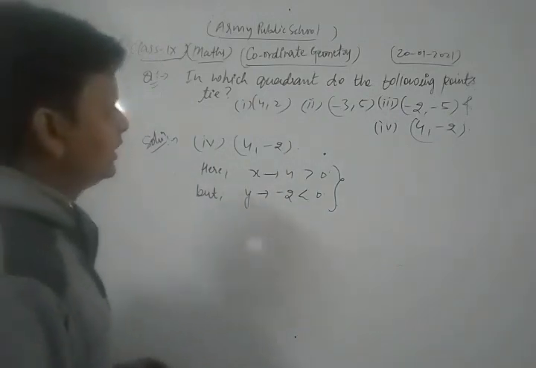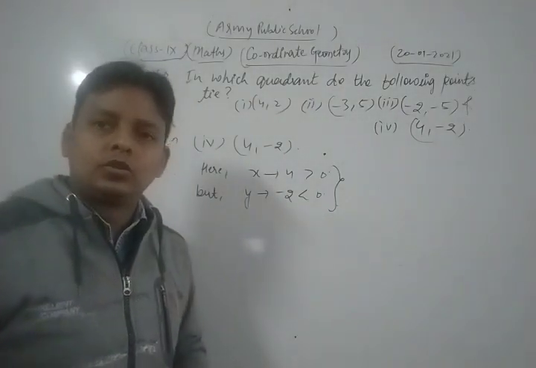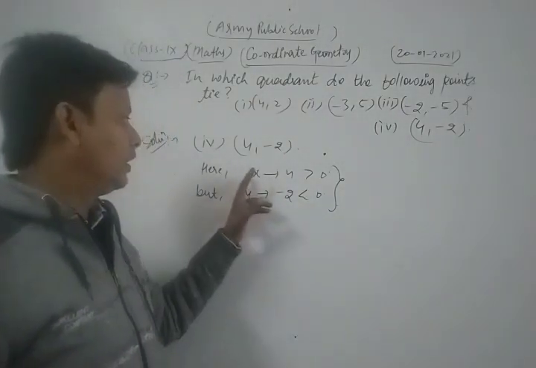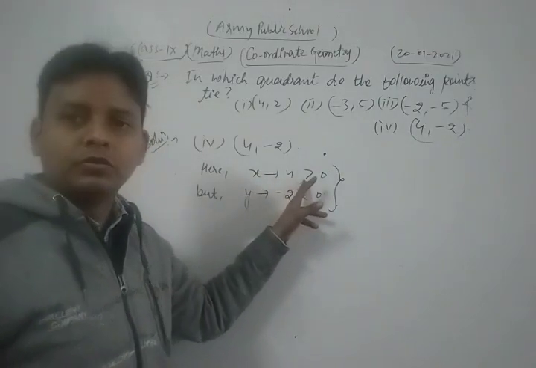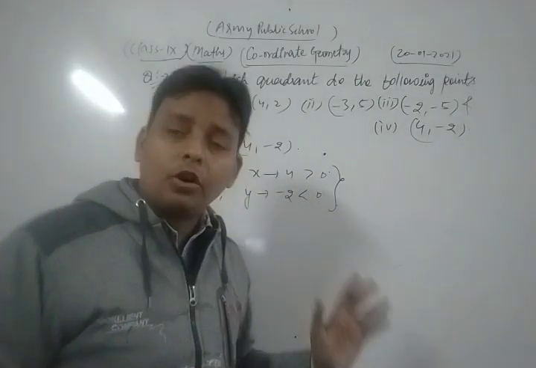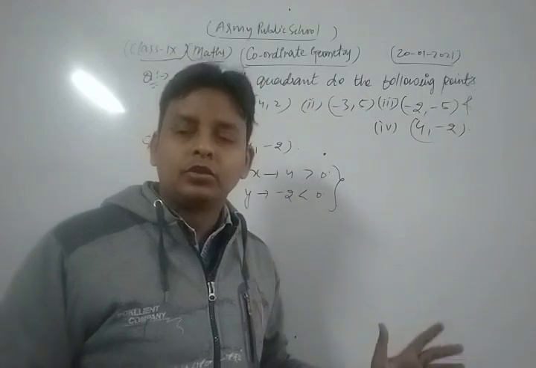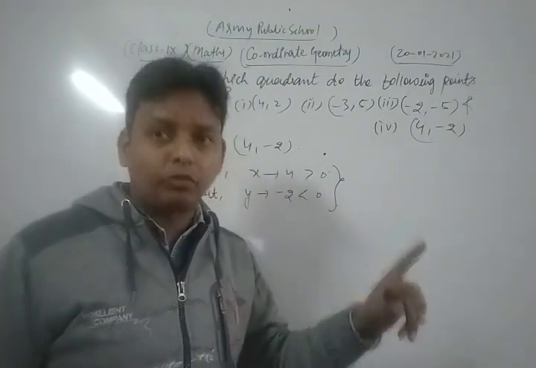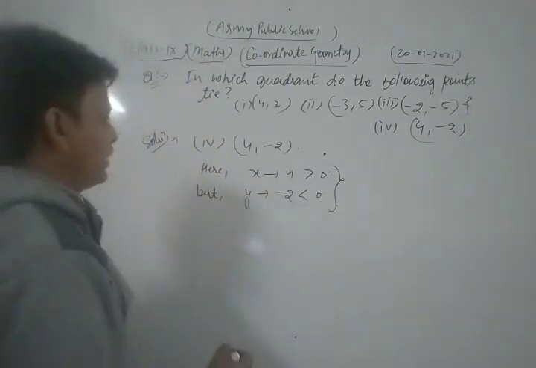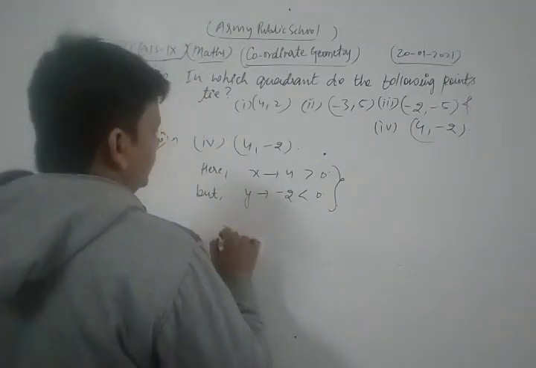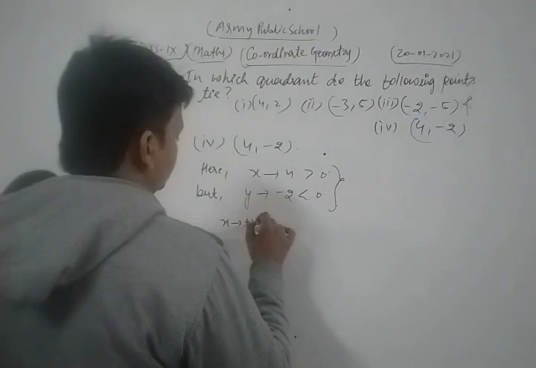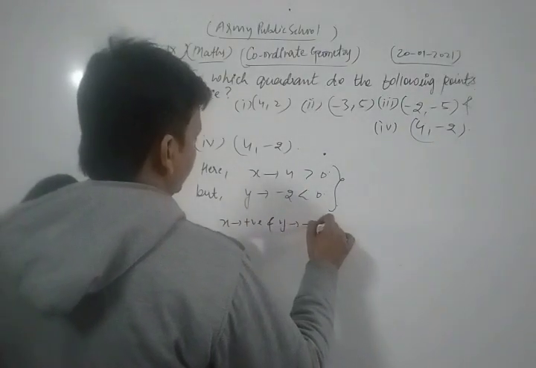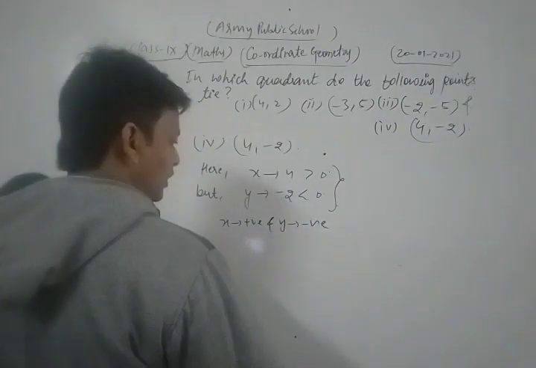Means in that coordinate system abscissa is positive but ordinate is negative. So abscissa is positive and ordinate is negative in which quadrant? In the fourth quadrant. So x is positive and y is negative in the fourth quadrant.